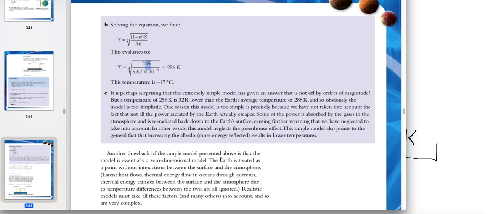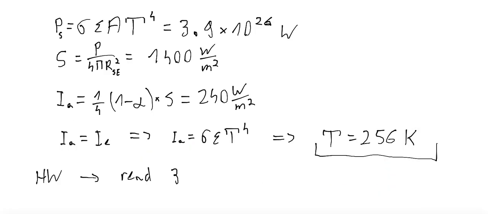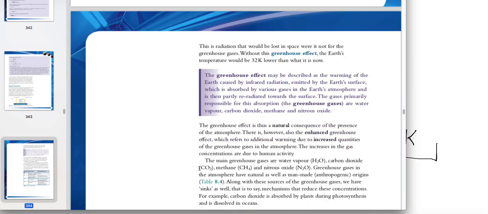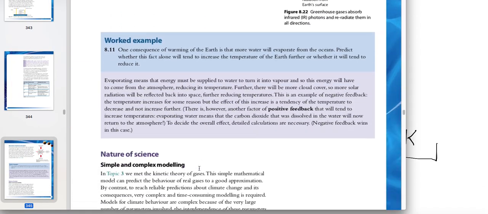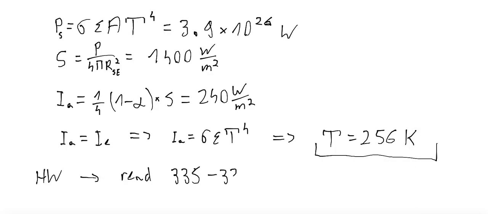It's page 335 up to 337. Okay, read this. And the next lesson, we'll start with simple calculations related to what we did today, plus a new topic, probably the last one in this chapter, the greenhouse effect.